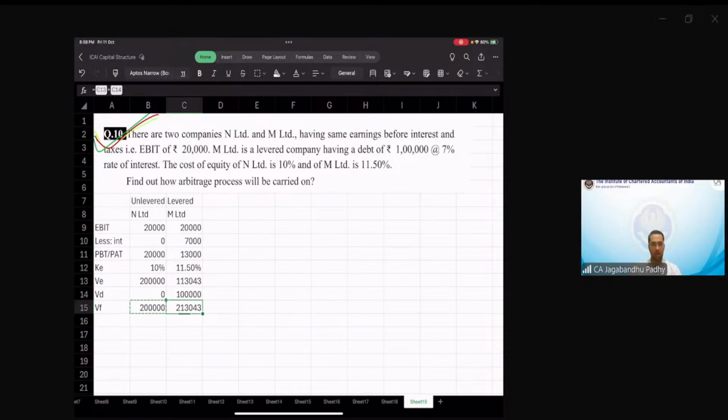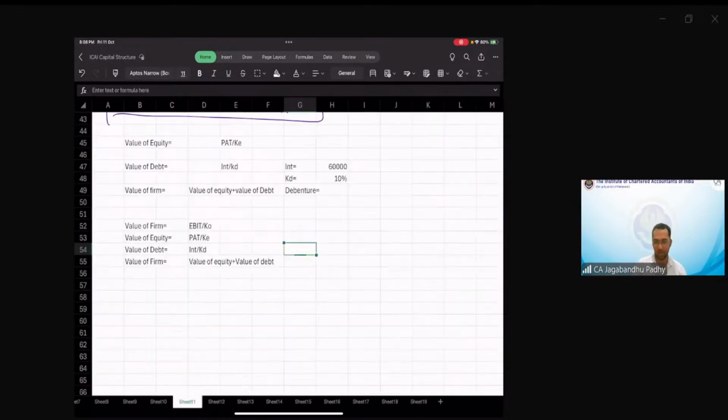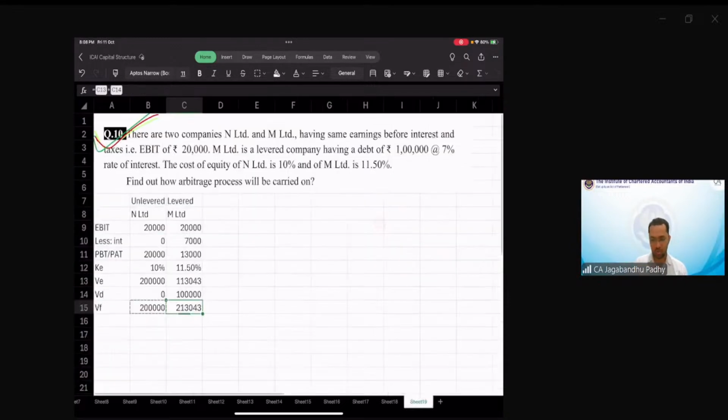Now, out of these two companies, since we are following the MM arbitrage model, what was the MM arbitrage model? The MM arbitrage was placed in theories of irrelevance. So as per this model, what should happen to the value of these two companies?